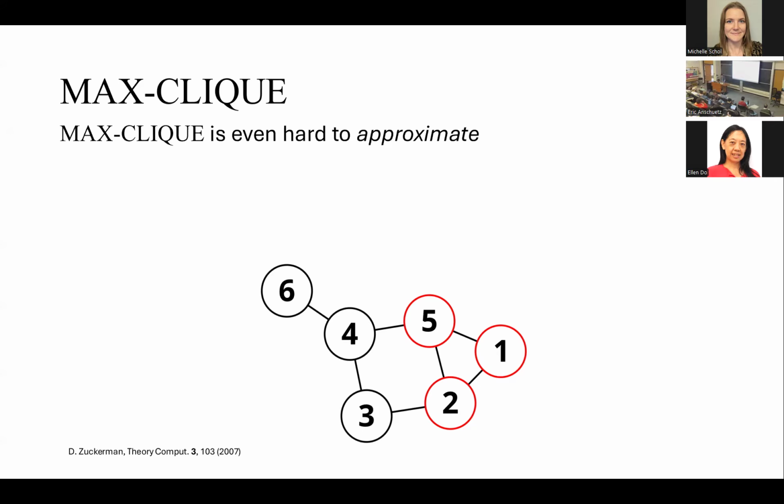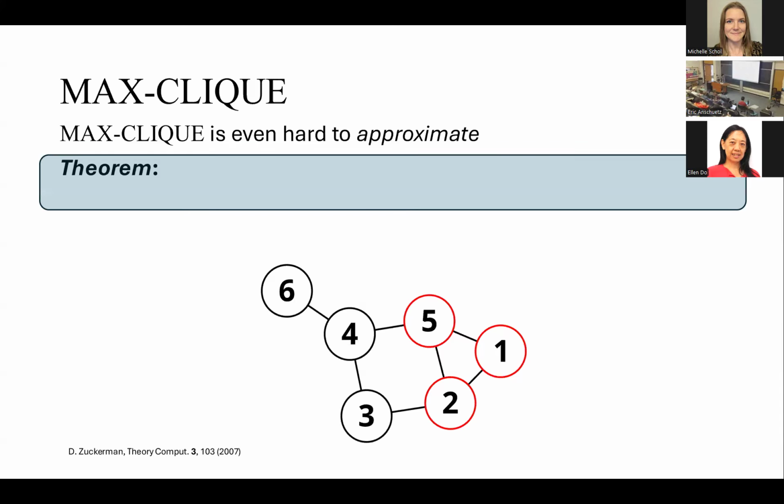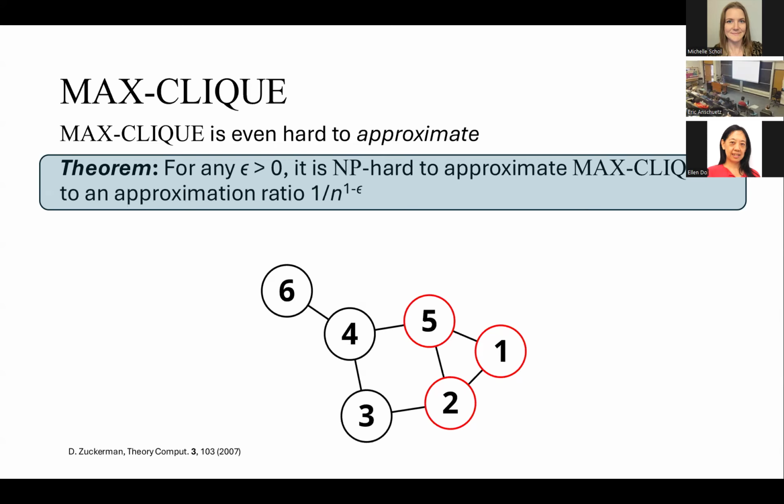There's a famous result in complexity theory known as the PCP theorem. Among other things, it says that this problem is hard to approximate. For any choice of constant epsilon greater than 0, it turns out it's NP-hard to find a clique achieving an approximation ratio of 1 over n to the 0.999, say.